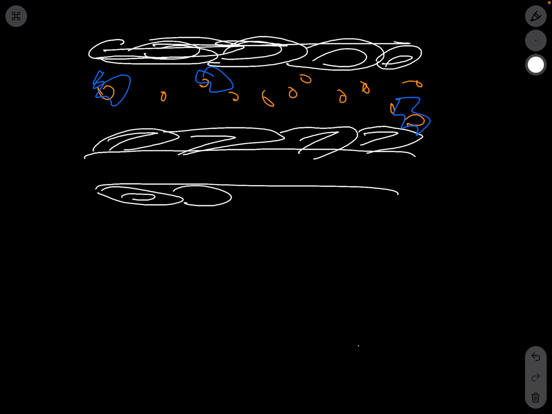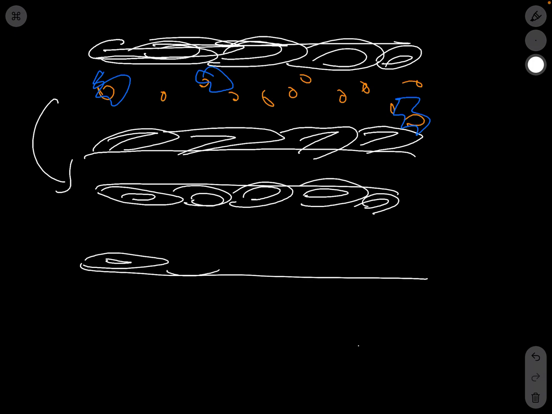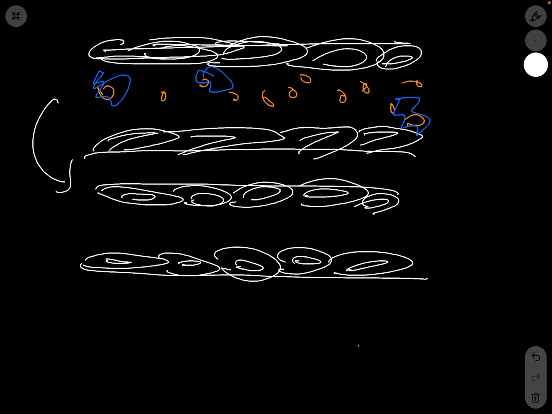I'm going to draw real quick. As a result, plaque forms as a result of this great amount of LDL cholesterol.